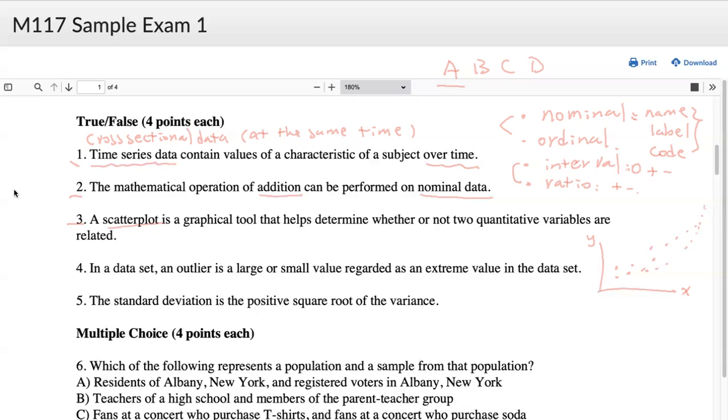Or if we have something like this, this will be a negative relationship, negative linear, or if I draw it a little bit like this, non-linear.